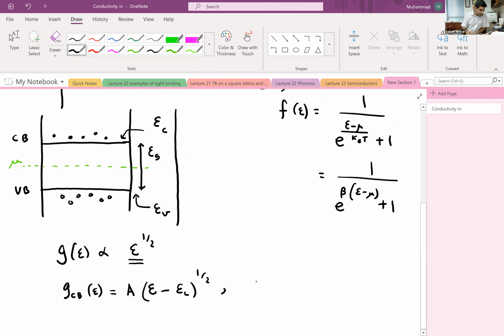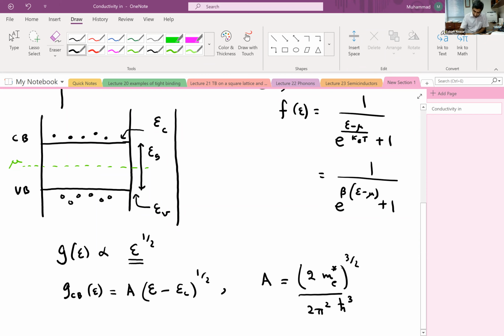And this constant of proportionality we've derived in one of our previous lectures is (2 m_e)^(3/2) over 2 pi squared h-bar cubed. Okay, and since we're talking about bands here, we have to replace this mass of an electron with the effective mass of the electron.